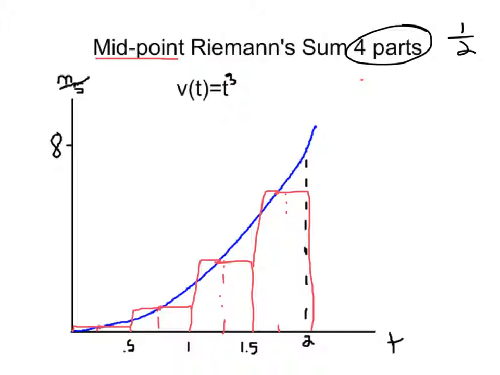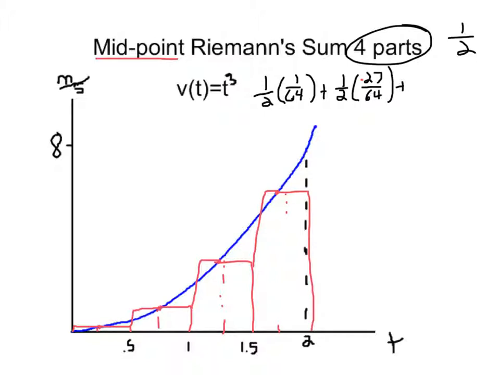Okay, so the first rectangle has a width of 1/2 and a height of 1/4 cubed, or 1/64. The second rectangle has a width of 1/2 and a height of 3/4 cubed, or 27/64.